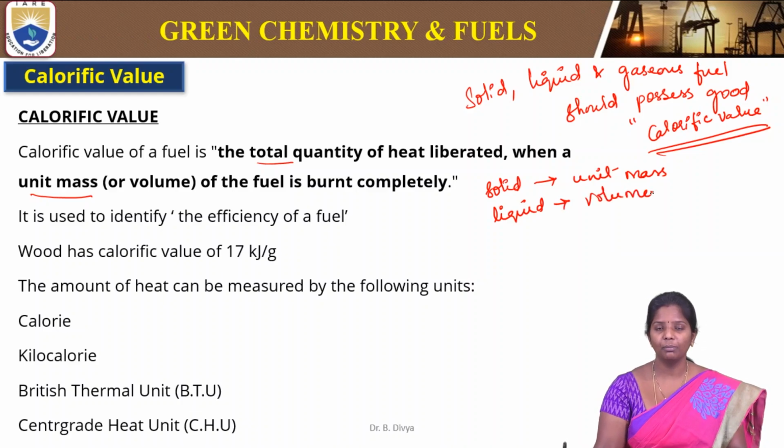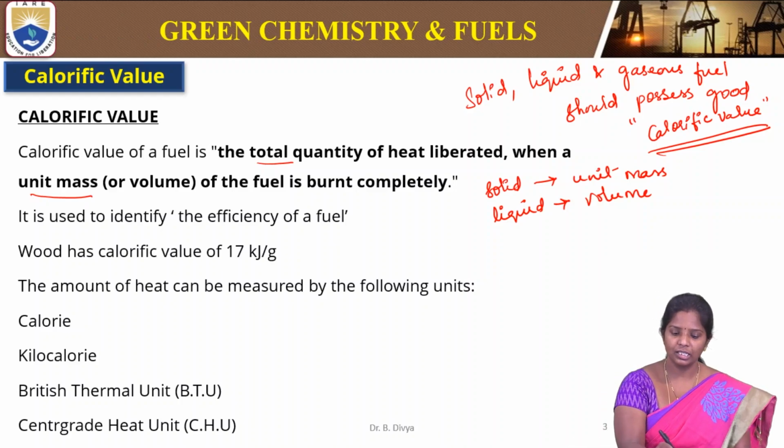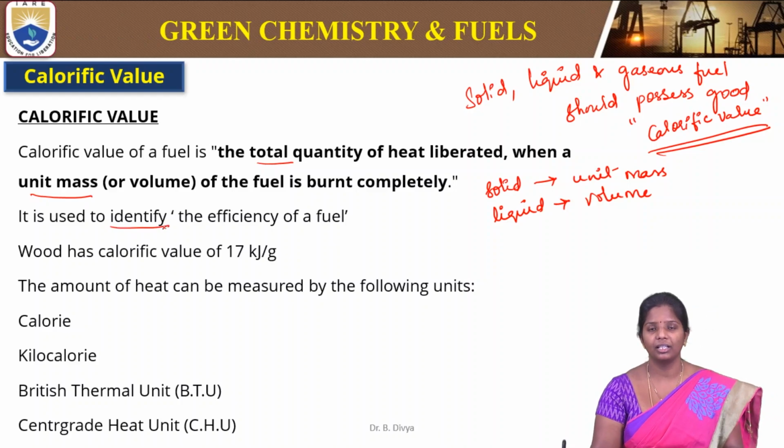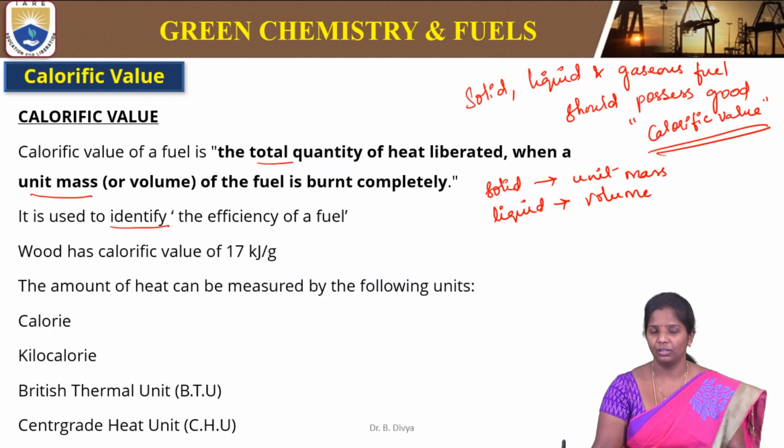Whenever we burn a fuel, some heat or energy comes out of it. That is the liberated heat. Whatever heat comes from the completely burnt fuel is called the calorific value. So this indicates the efficiency, the working capacity, of that particular fuel.